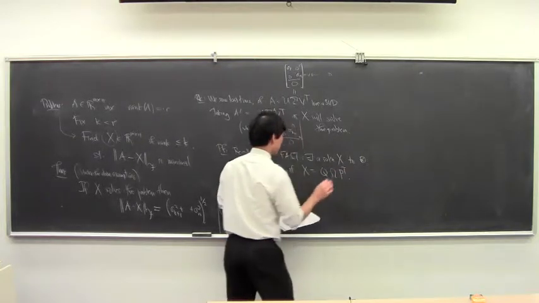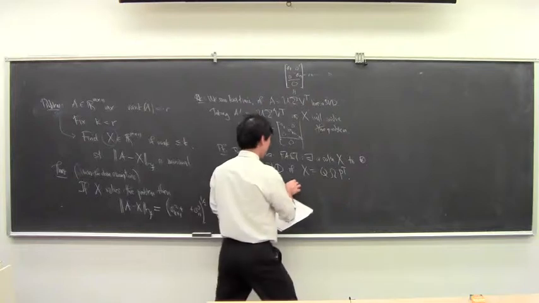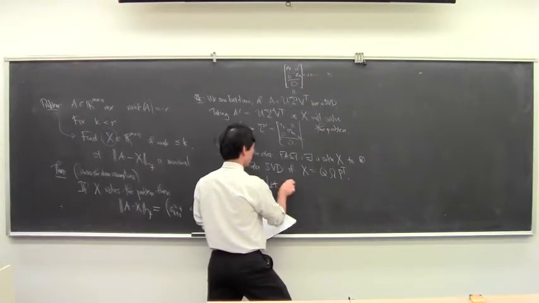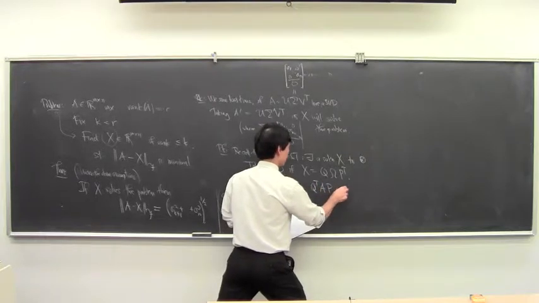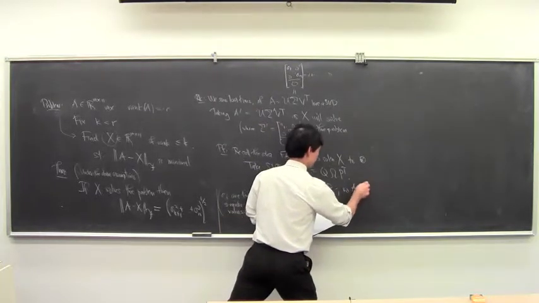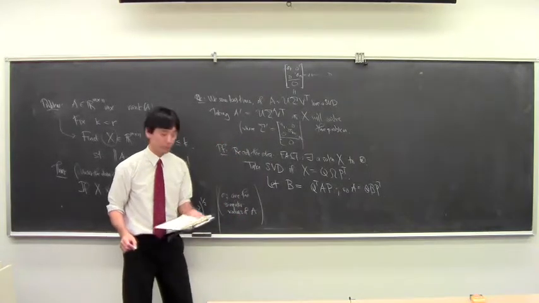Suppose it looked like this. Say you do singular value decomposition, and then we let B be Q transpose AP, so that A was QB P transpose. Right?